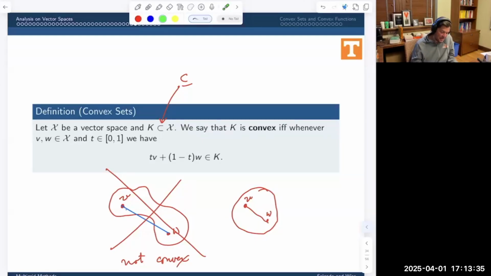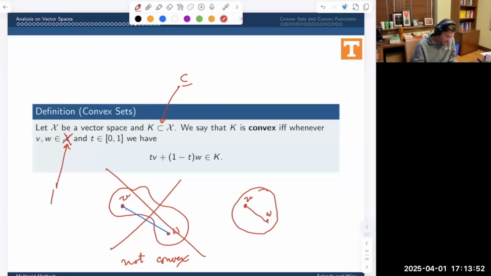We say that K is convex if and only if whenever V and W are, nope, that's not right. That's a typo. That should be K, right?